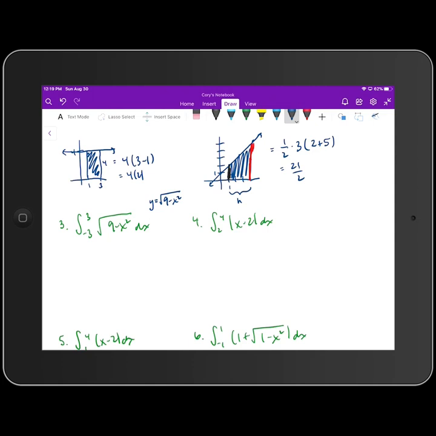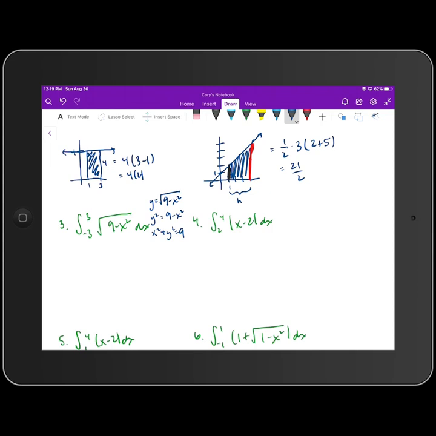Well, if I were to square both sides of the equation, that would make y squared equal to 9 minus x squared. And when I add x squared to both sides, we get x squared plus y squared equal to 9. And when you look at that equation, that might be more familiar to you. Okay, that's going to be the equation of a circle centered at the origin with radius 3.